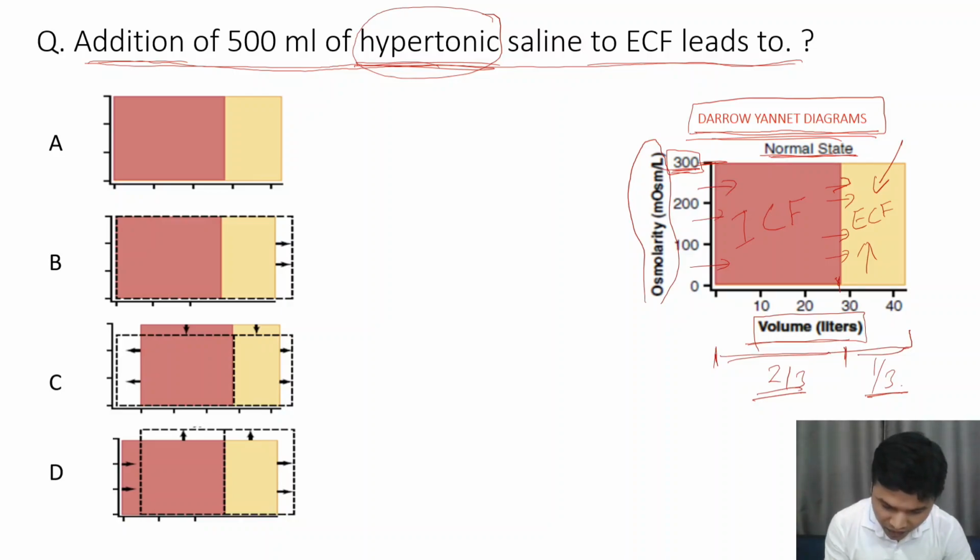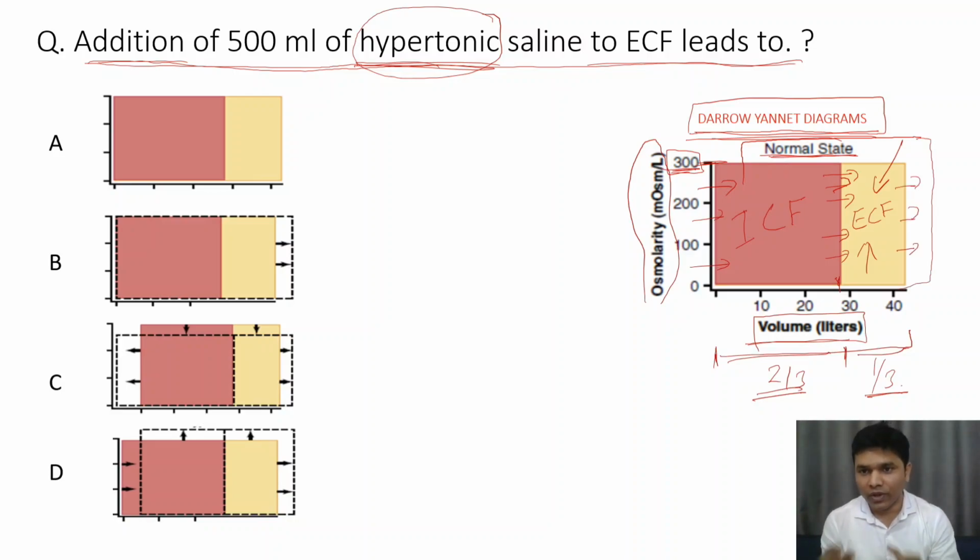And what will happen to osmolarity? Because water is being dragged out, osmolarity will actually increase. So osmolarity will increase, and fluid volume is also going to increase in the extracellular fluid, because you are giving hypertonic saline from outside. Whatever saline you are giving will remain in the extracellular fluid, plus some more water you are dragging from the cells.